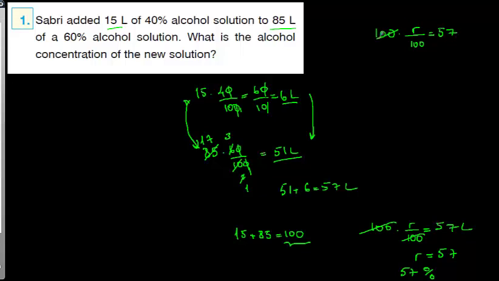And I found it like this: when I simplify 100 and 100, because when you multiply, R becomes equal to 57, which means 57%. Percent, 57 I wrote. 57%. Okay. Now the next one.